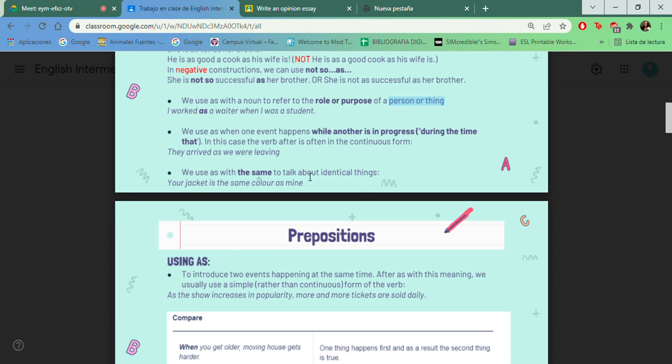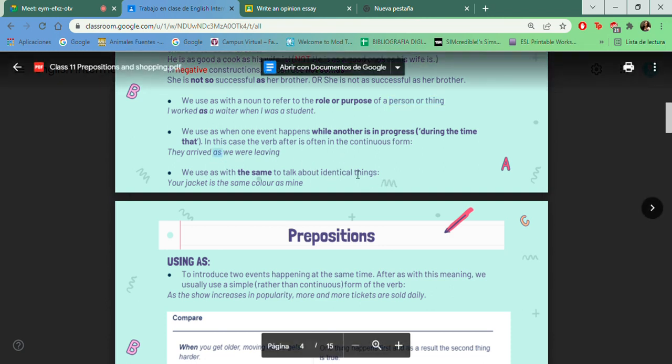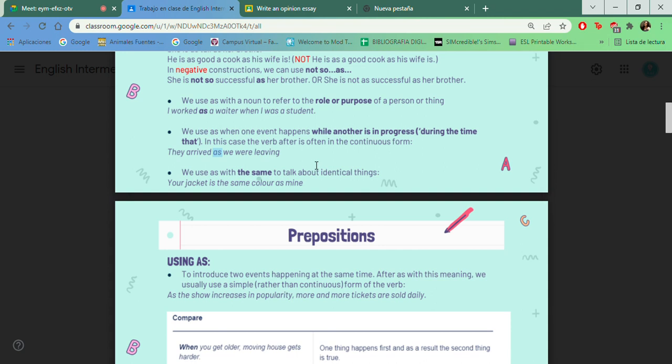In this case, the verb after is in the continuous form. In this case, as means when, or while. They arrived when we were leaving, or while we were leaving. This is another meaning of the preposition as.